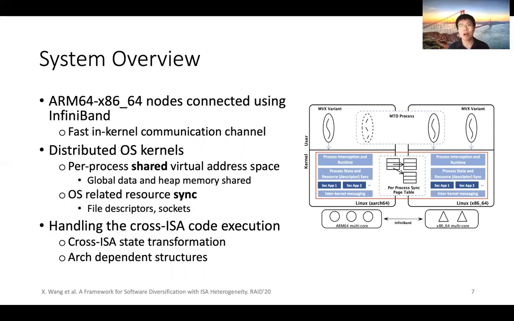We also have OS-related resource synchronization. For example, the application can access file descriptors and sockets in a virtually shared way. It also handles cross-ISA code execution. For example, it transforms the program state from one ISA to the other, and it also deals with architecture-dependent data structures.